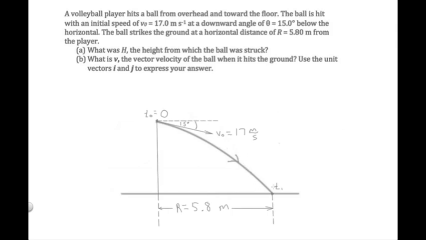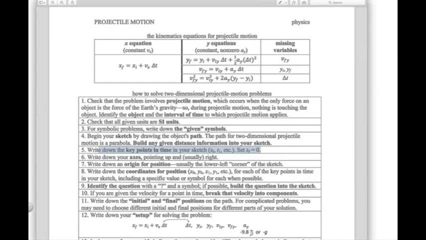Well, this is a key point in time because we are given information about it, this distance. This is a key point in time because we're given information about it, like this velocity, and also we'll soon see that the question is also asking about this point in time. It's asking about the height at this point. Whereas the other points in between, we're not given any information about them, nor does the question ask about them. So those would be good choices to pick as our key points in time.